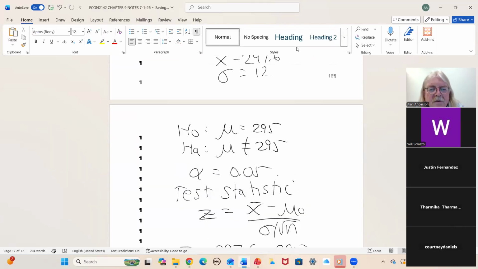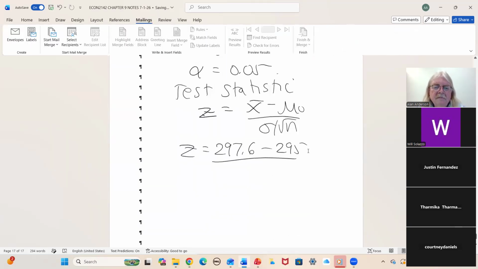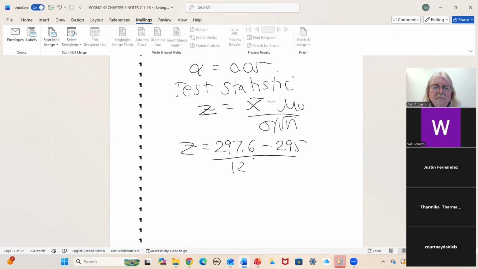The standard deviation is 12. Sample size is 50. All right, we pop that into the calculator. I got 1.53.